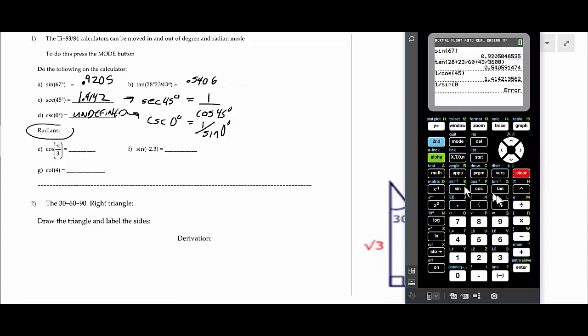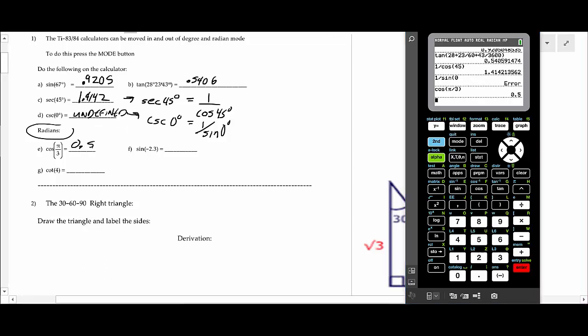Now if I put the cosine in, I'm now in radian mode, so it's expecting a radian angle, so I just go cosine of pi over 3. And when you do this, put the pi key, because with MyMathLab, you're going to run into some rounding issues from time to time. If you just get all the decimals and round at the end, you should theoretically be okay. I say in theory, that is. Okay, so that's 0.5, like that.